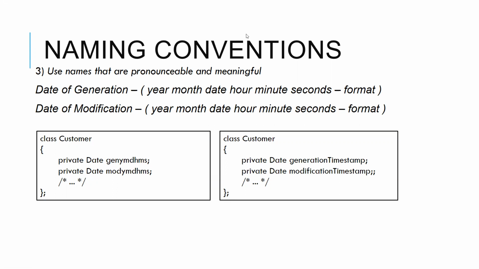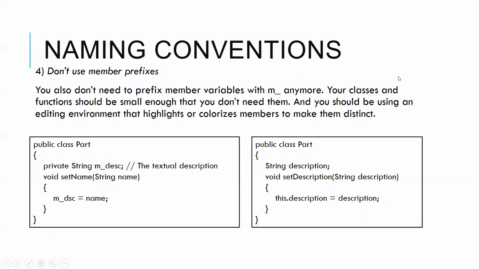the purpose behind defining these variables. Moving on to the next step, it is also recommended that you should not use member prefixes. Earlier it was a habit among programmers that whenever you defined a member variable in a particular class, you would use the member prefix m underscore for all the variables that belong to the class level.